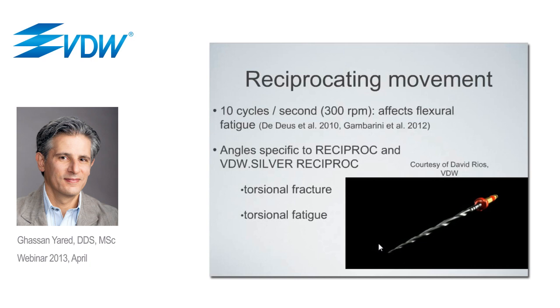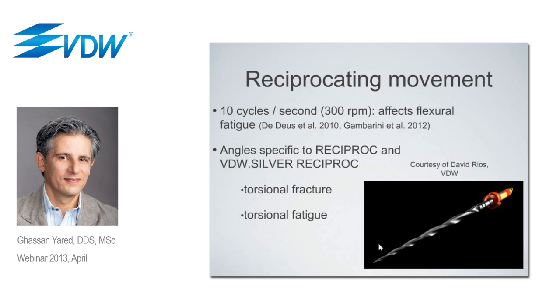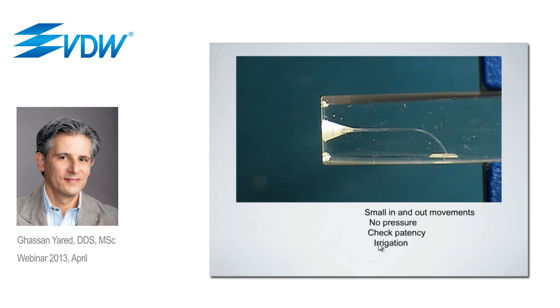So you may be successful with these motors in many cases, but will have problems in some other cases. Now I want to show you a video that demonstrates the technique of single file reciprocation with the R25 or the other Reciproc instruments.